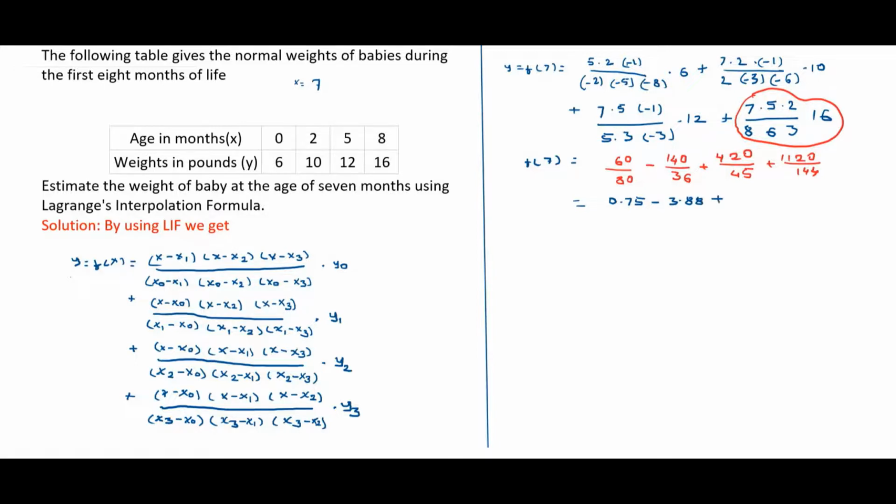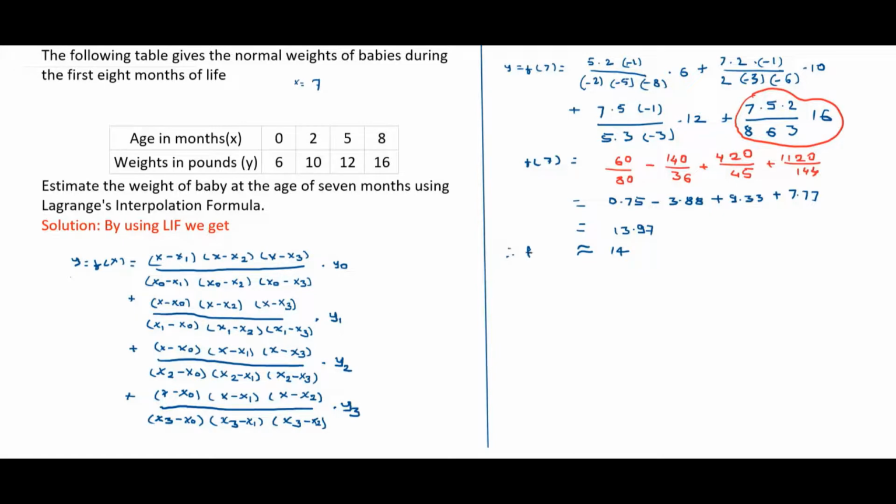Plus 420 divided by 45 is 9.33, and last, 1120 divided by 144 is 7.77. If you simplify this, in total you will get 13.97, and approximately you can write it as equal to 14.